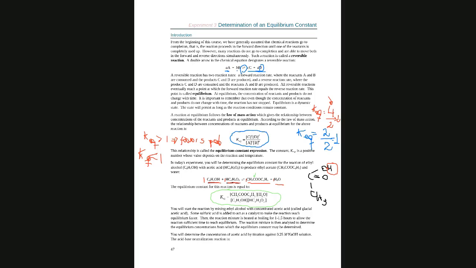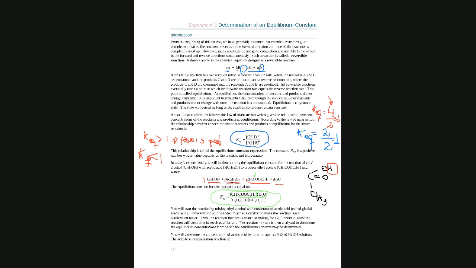So we do concentration of ethyl acetate times concentration of water, divided by concentration of ethanol times concentration of the acetic acid. And we don't have to raise to any coefficient in the balanced equation because the coefficients are 1. Any questions so far?